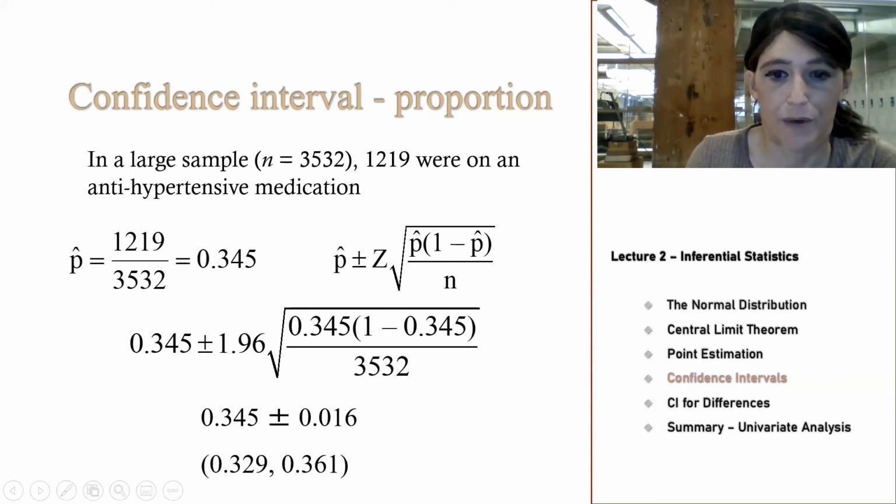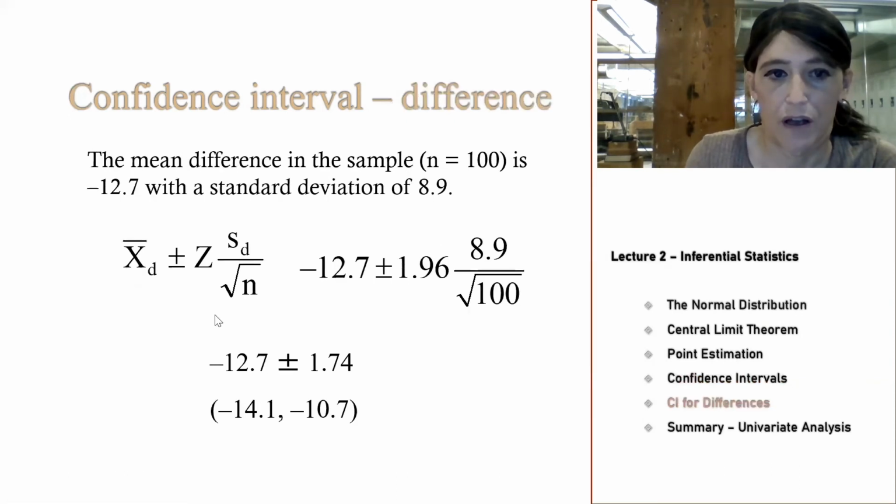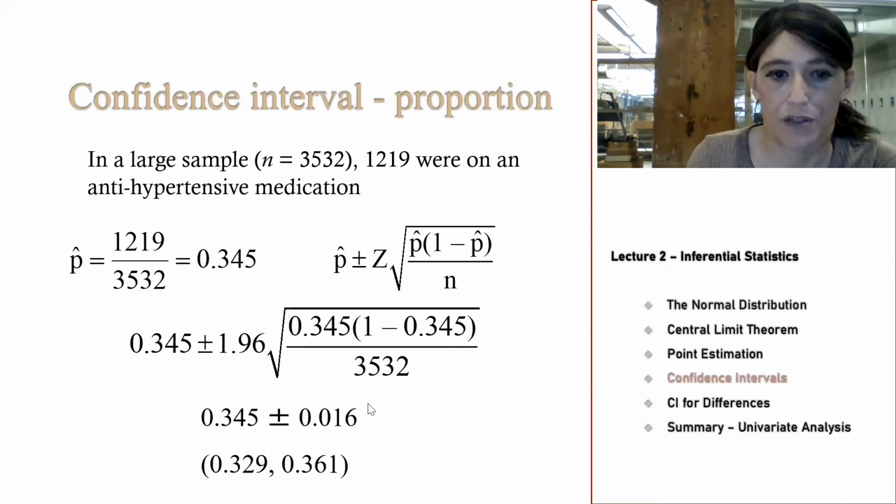And just like we interpreted the confidence interval for a proportion, we can say that the true population proportion falls somewhere between 32.9% and 36.1%.